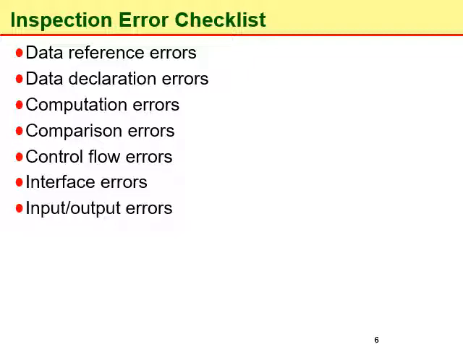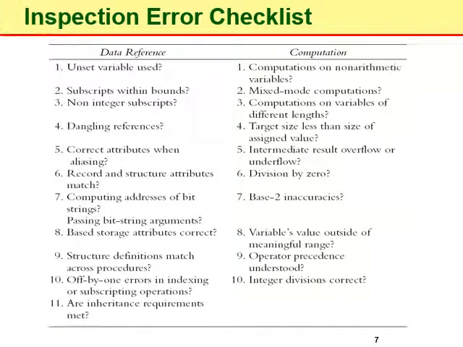So in the next slides, we will see some more examples that show what we should actually be looking for when we are performing the inspection activities. So here are more details about the elements of the checklist that we discussed in the previous slide. For example, for data reference, we have lots of different aspects that need to be considered.